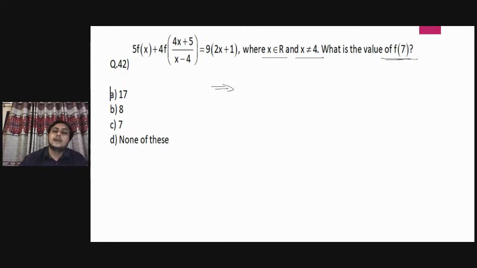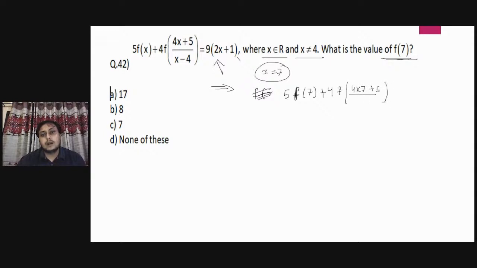So guys, the clue here is f7. You have to find the value of f7, so just put x equals to 7 in this one. When you put x equals to 7, you get 5 of f7 plus 4 of f of (4 into 7 plus 5) upon (7 minus 4), and this equals 9 into (2 into 7 plus 1).